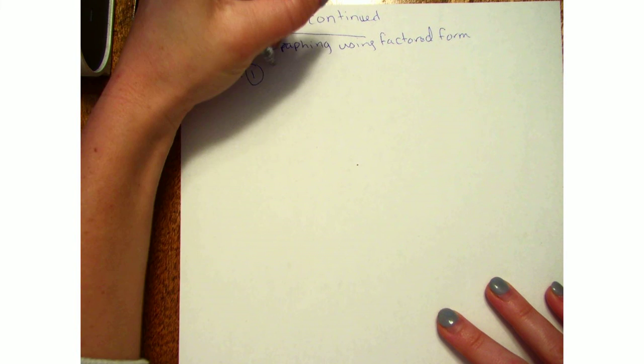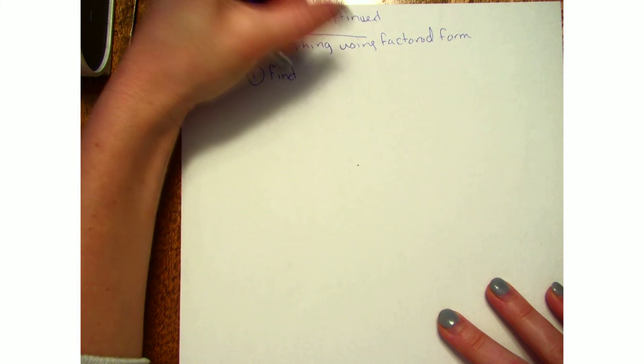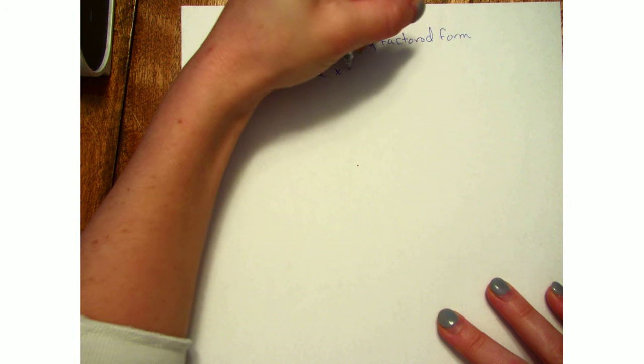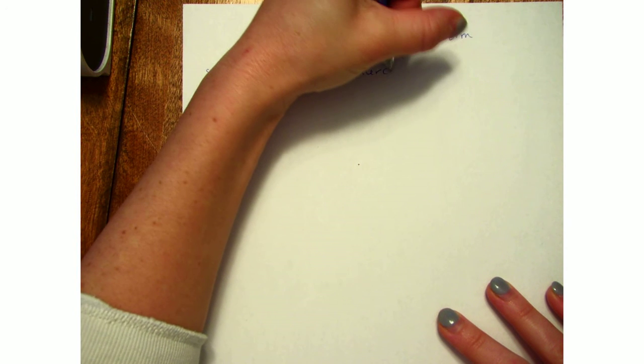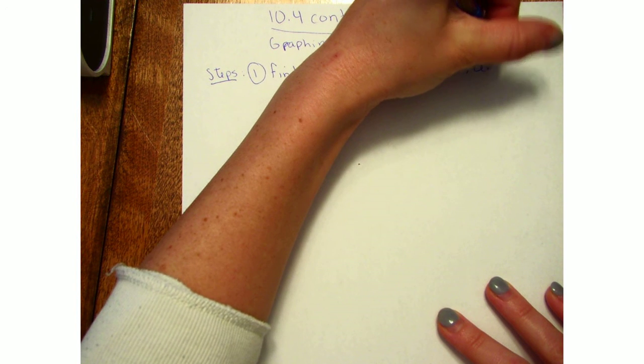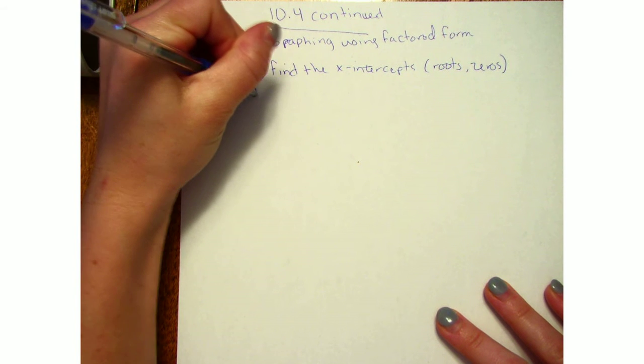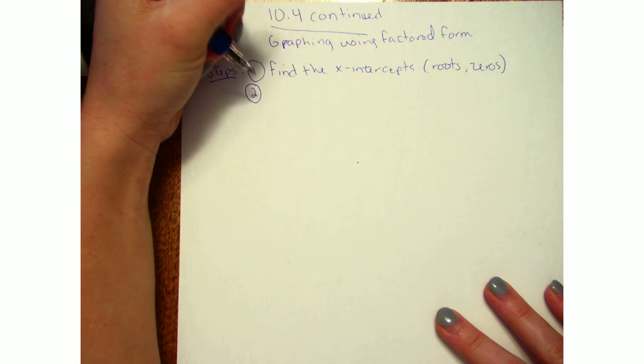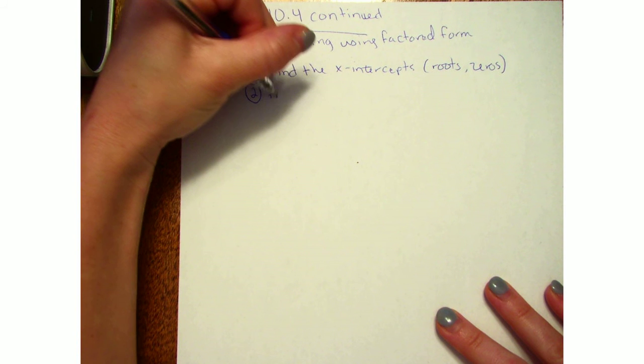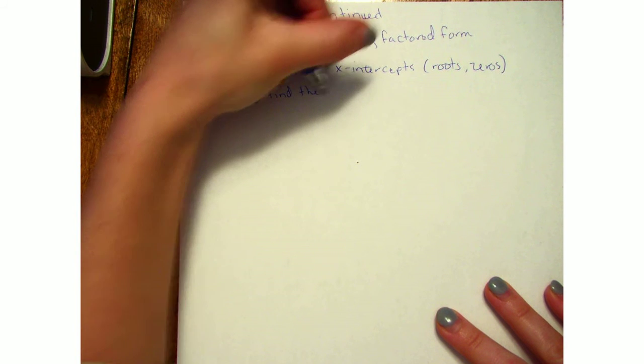So step 1 is going to be to find the x-intercepts. Or you might call them your roots or your zeros. So we'll do the same thing that we did yesterday. Then we're going to take those x-intercepts and we're going to find the vertex using roots.